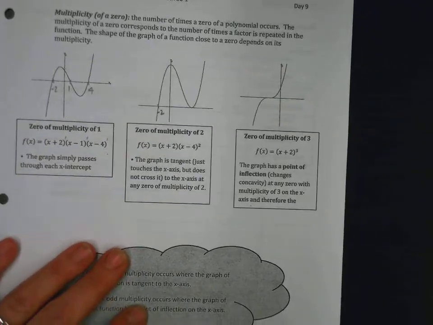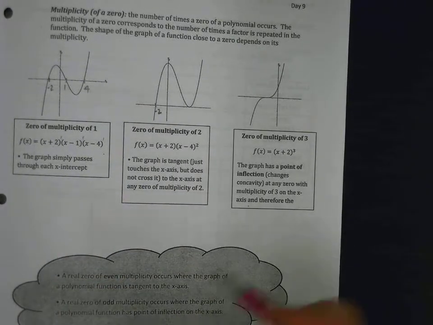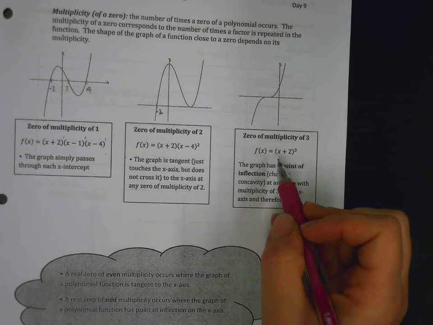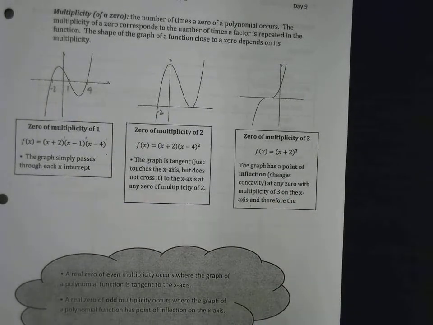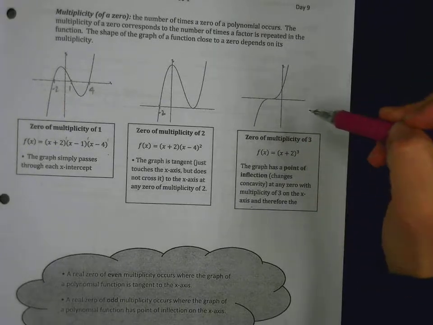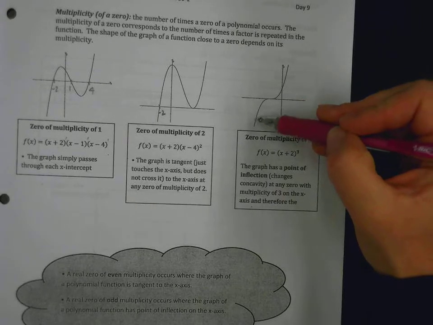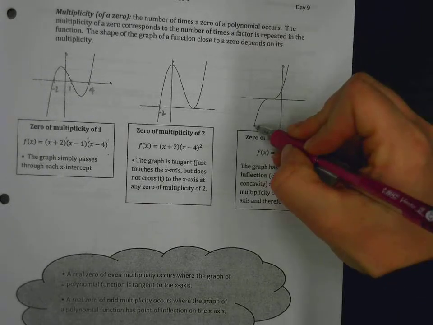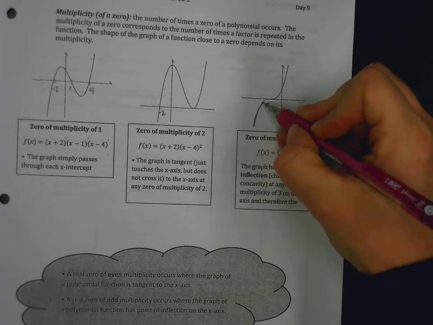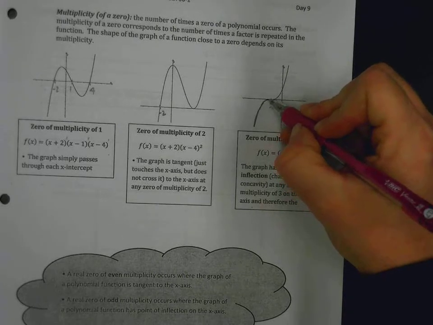And then the last multiplicity that we see is multiplicity of 3. And so this is when a factor occurs 3 times within the factored form. And what we say is this takes the shape of a point of inflection. So as you can see, this graph goes up. It crosses through -2, but the shape of the graph changes.